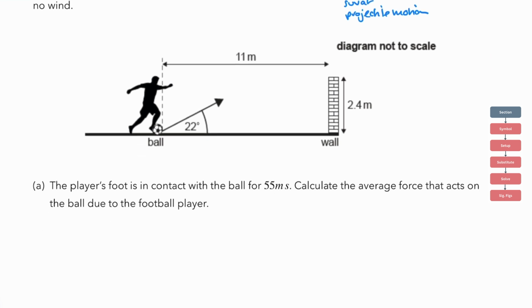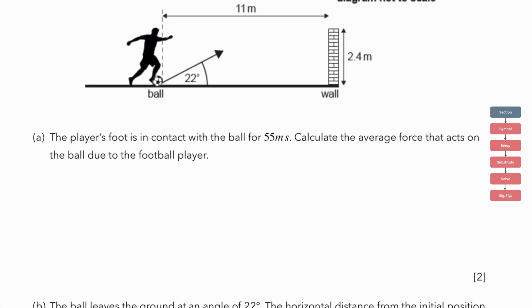Let's see what else is going on. The player's foot is in contact with the ball for 55 milliseconds. Calculate the average force. So we're looking at impulse that acts on the ball due to the football player.